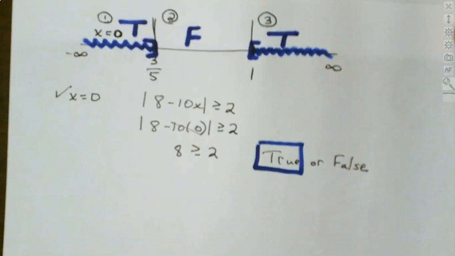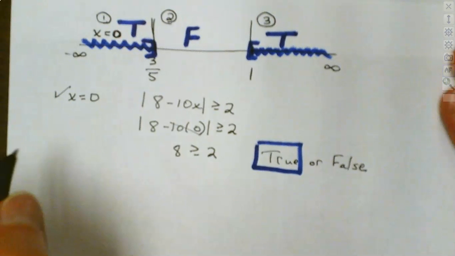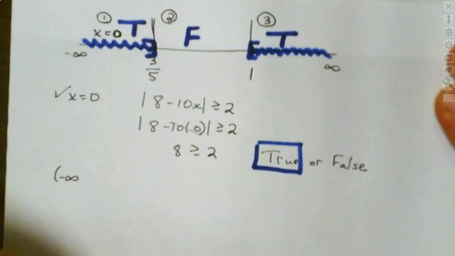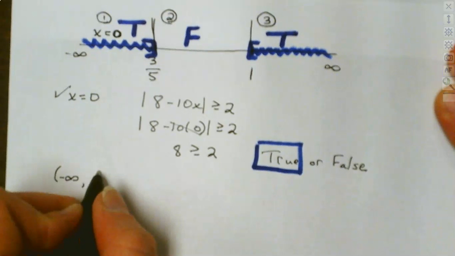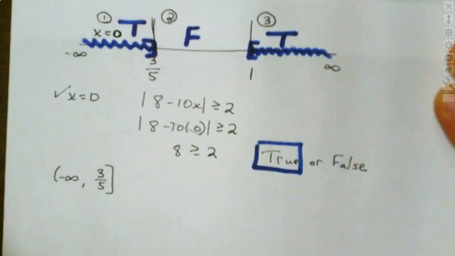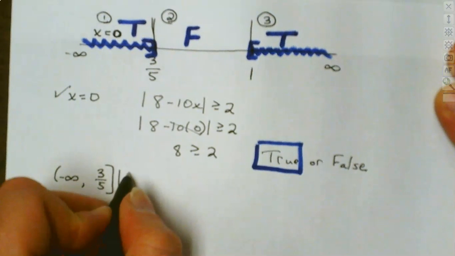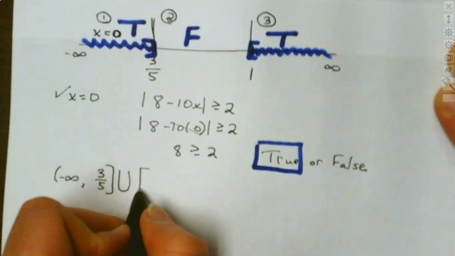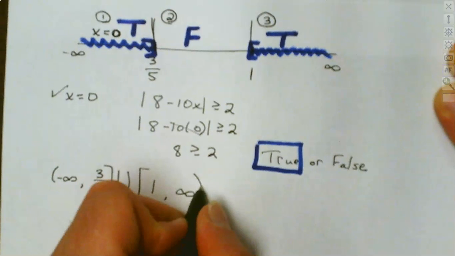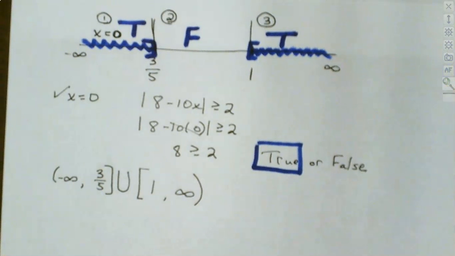We always shade the true part, and in interval notation, it looks like negative infinity, comma, 3/5 with the square bracket. We use a U for union. We've got our square bracket, 1, comma, infinity. So is everyone okay with that?